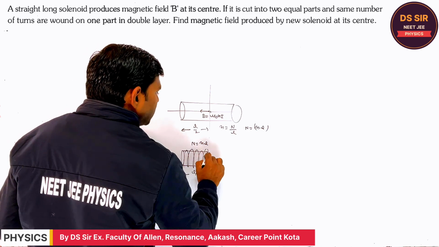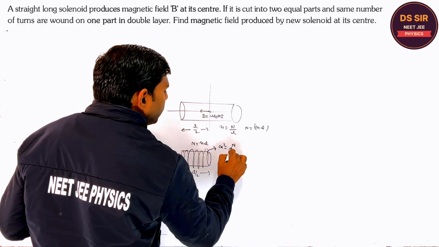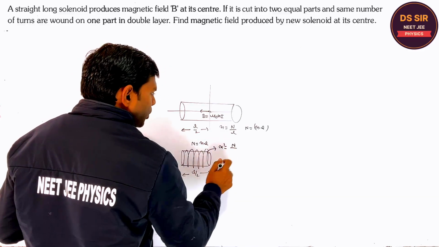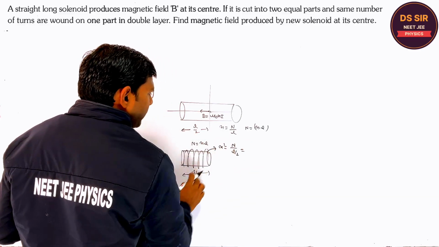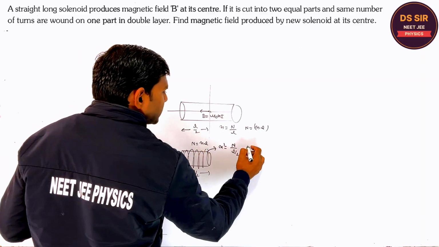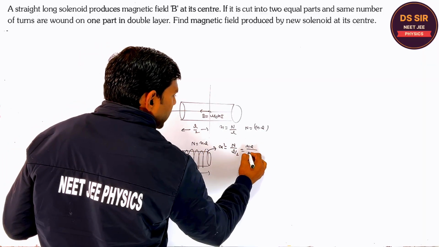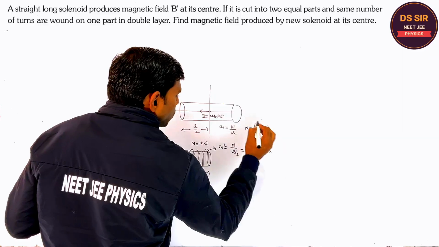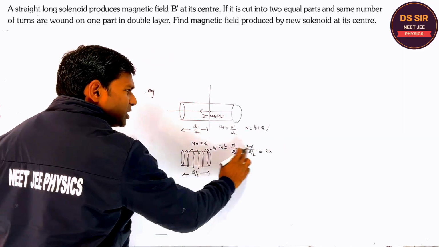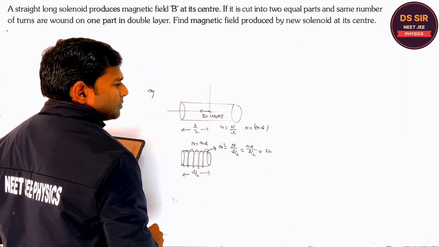What is the N dash for this, the total number of turns per unit length? N dash is N into L upon L by 2, so it is equal to 2N. So for this, N dash becomes 2 times N.